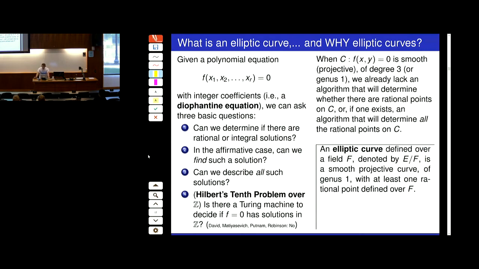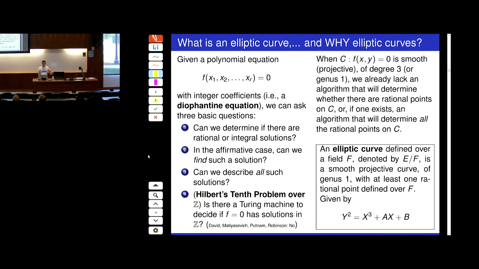Okay, so an elliptic curve is the first case of Diophantine equations where we do not yet know how to determine rational points. An elliptic curve is a smooth projective curve of genus 1 with at least one rational point defined over the field of definition. If we're talking about elliptic curves over fields of characteristic 0, then there is always a model of that form.